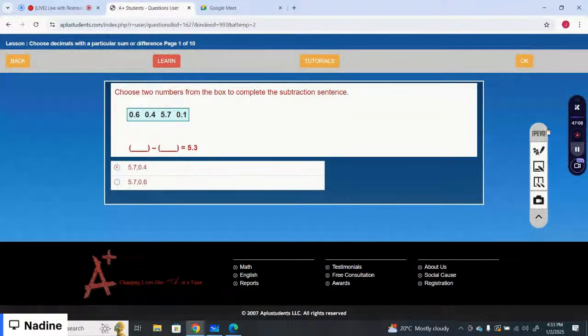So that is option number one. 5.7 minus 0.4 is 5.3. Option number one is the correct option.